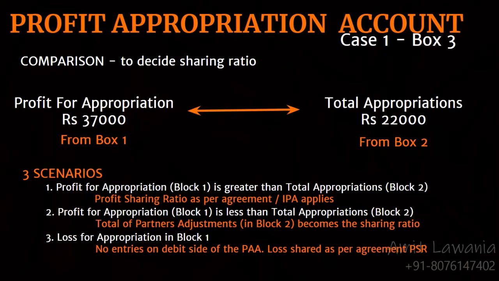But in case total appropriations are greater than profit for appropriation, that is the second scenario, we use a new sharing ratio, for which we will have to go back to box 2 and check the totals of appropriation for each partner. These totals will then become the new sharing ratio. Remember, this is when appropriations are greater than the profit.